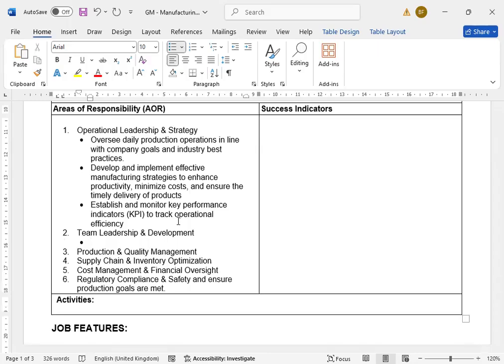The first one would be in details to support this second key responsibility.